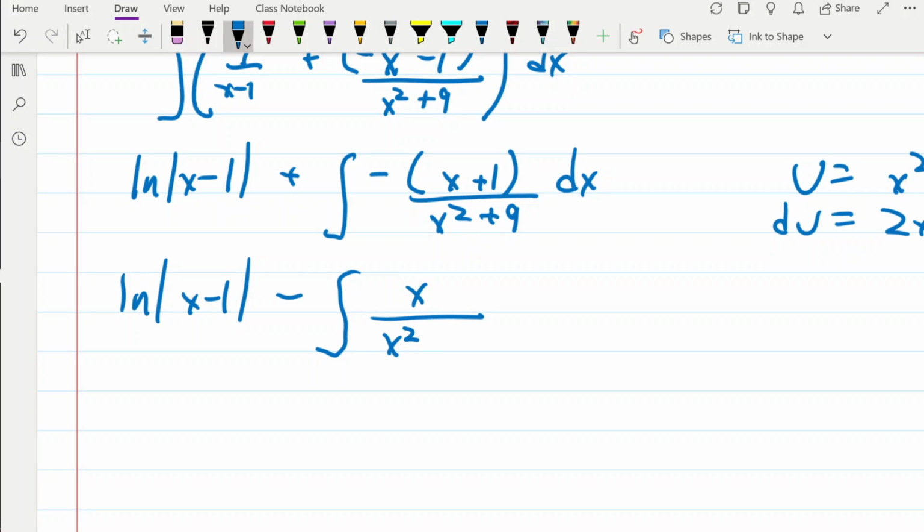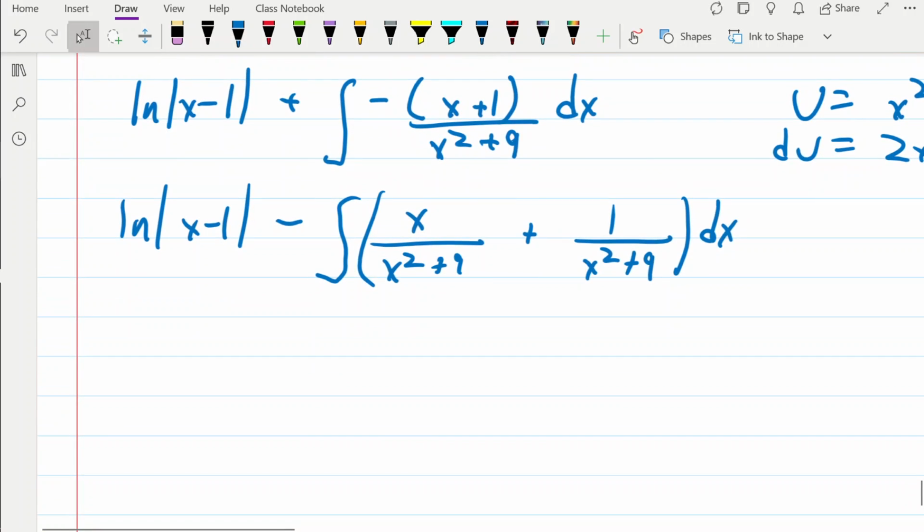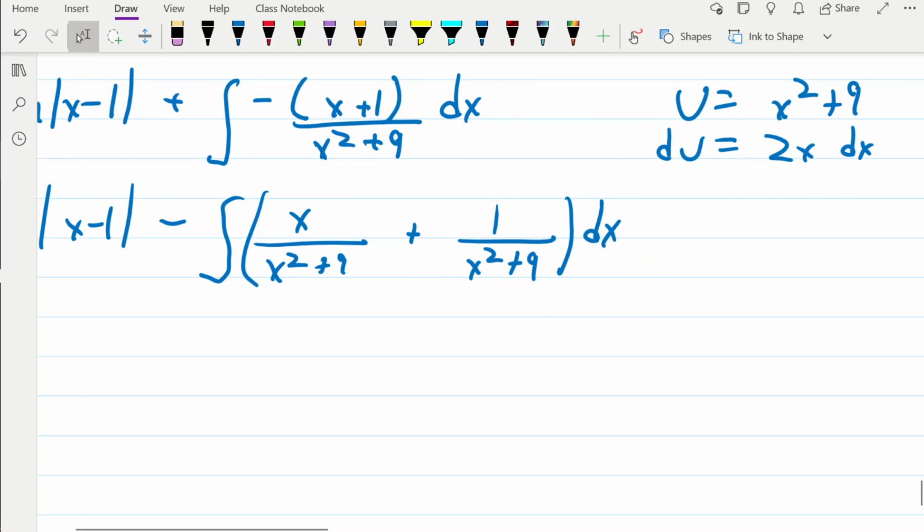So x over x squared plus 9. Yeah, because we can then split that into two different ones because it's the numerator. All right, well, that makes this left side very easy to use substitution, and then the other one I think we're going to have to do by parts.